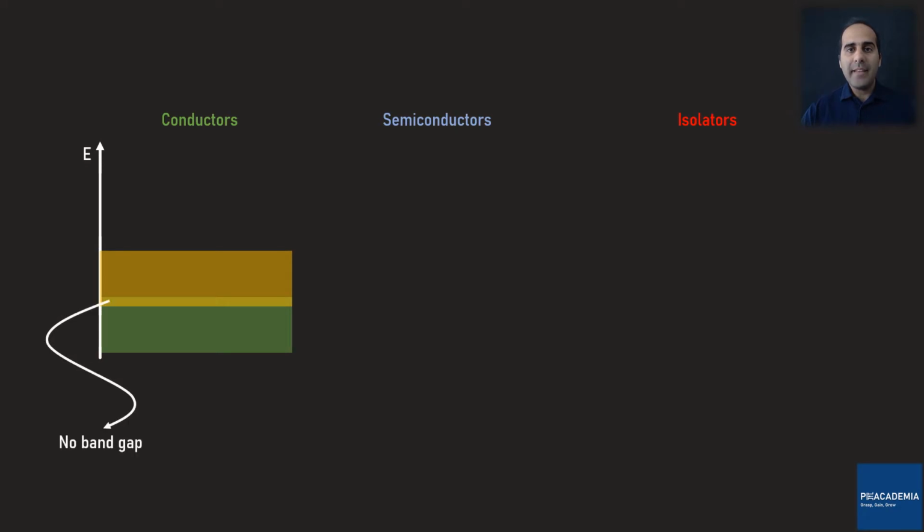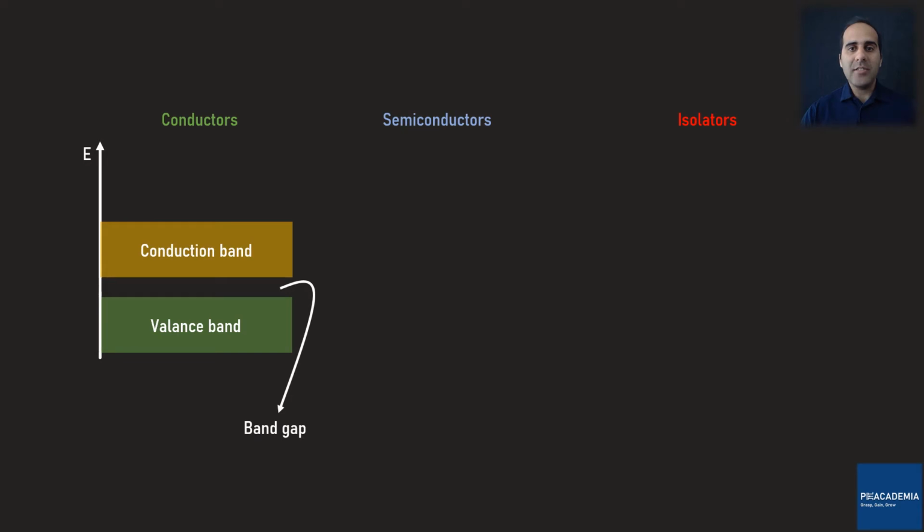As you recall, materials are divided into conductors, semiconductors, and insulators. For conductors, either there is no band gap between the valence and conduction bands, meaning the two bands overlap, or there is a band gap between the valence and conduction bands. However, the valence band is not fully occupied.